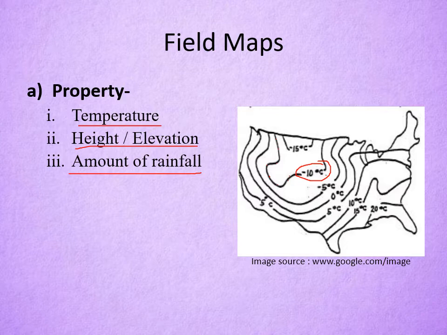So then we get these lines, and when these lines indicate the elevation of different areas having the same altitude values, having the same height values, these lines are known as contour lines. So contour lines are the lines along which all the points have equal elevation.